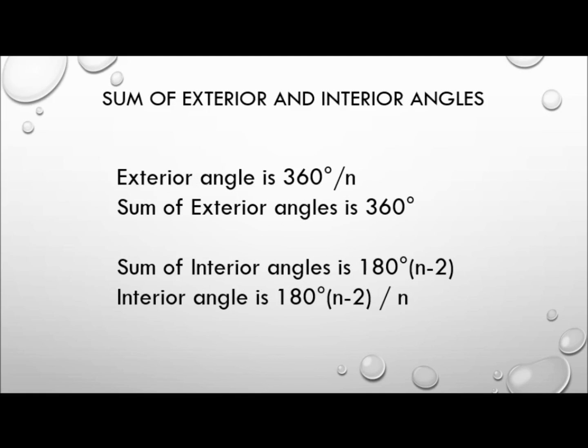So to summarise, the exterior angle of any regular convex polygon is 360 degrees divided by the number of angles, which is the same as the number of sides, which is also the same as the number of vertices.